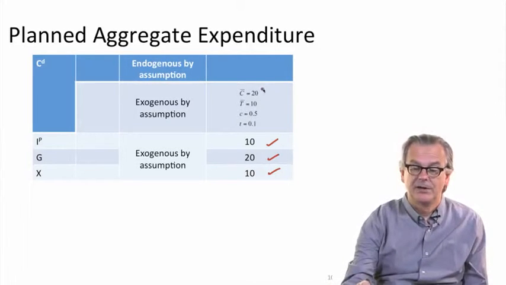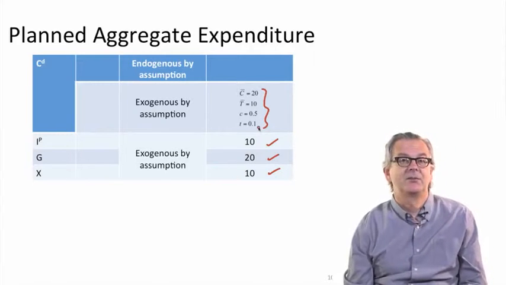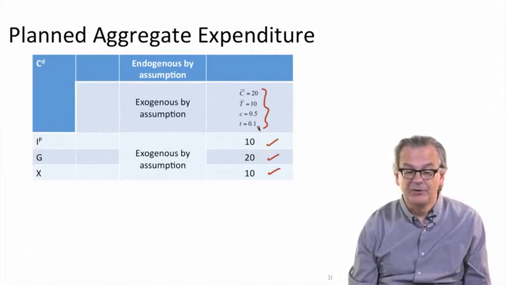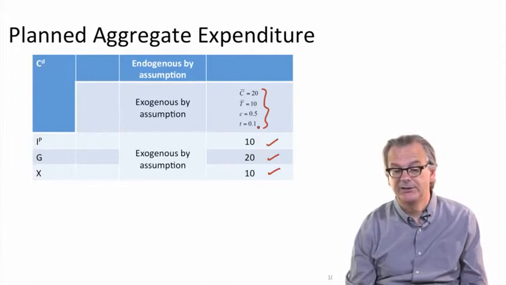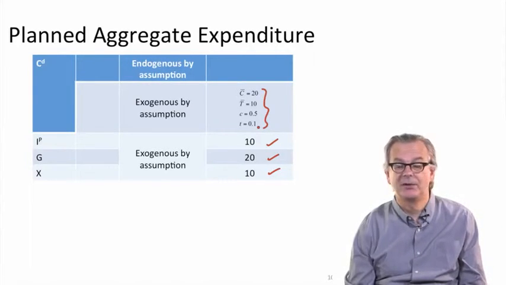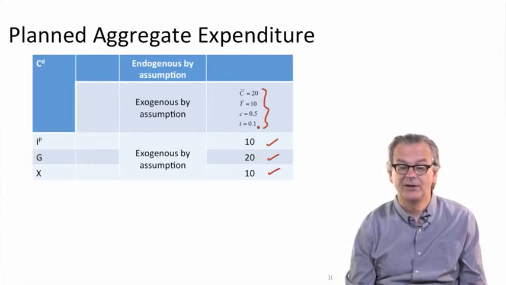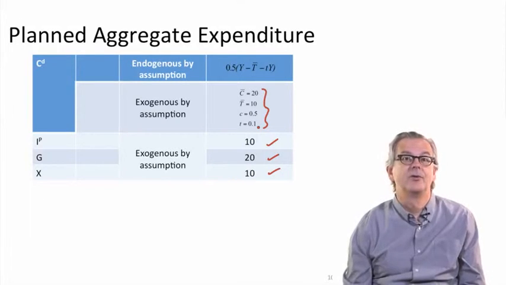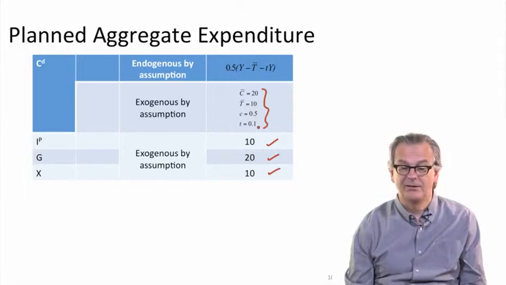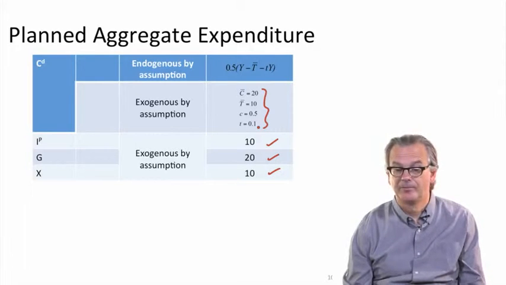Again, I've just made up some numbers here that don't seem unreasonable. Marginal propensity to consume 0.5 and a tax rate of 0.1 or 10%, and then I've just arbitrarily chosen some numbers for exogenous consumption and exogenous taxes. And then we also have an endogenous component which I've written for you in the top right hand part of that table. So what we have there is a complete representation of planned aggregate expenditure for a particular economy.